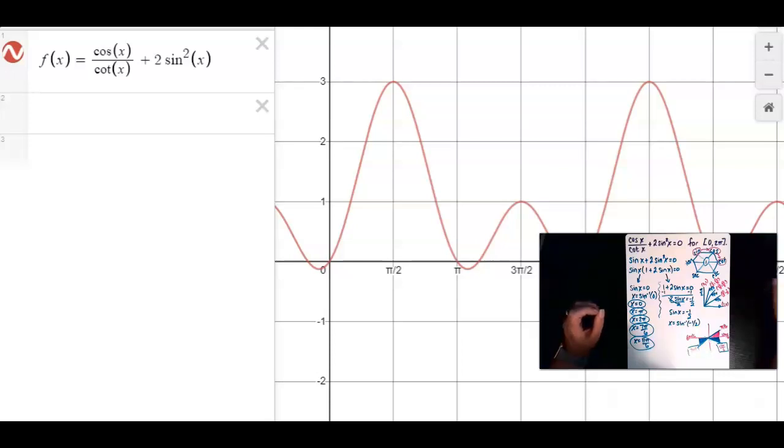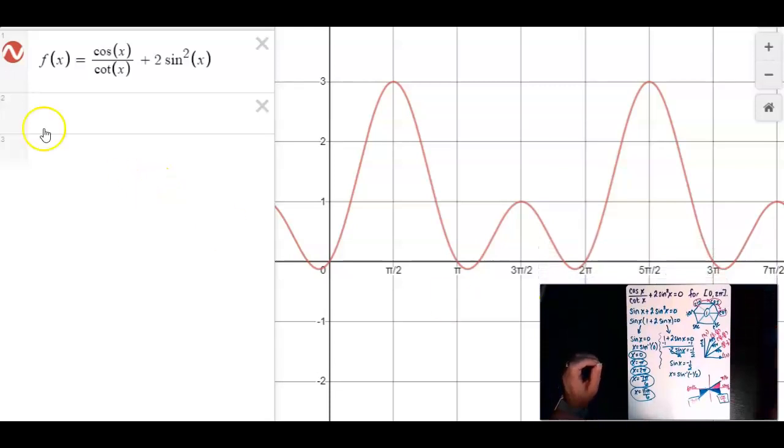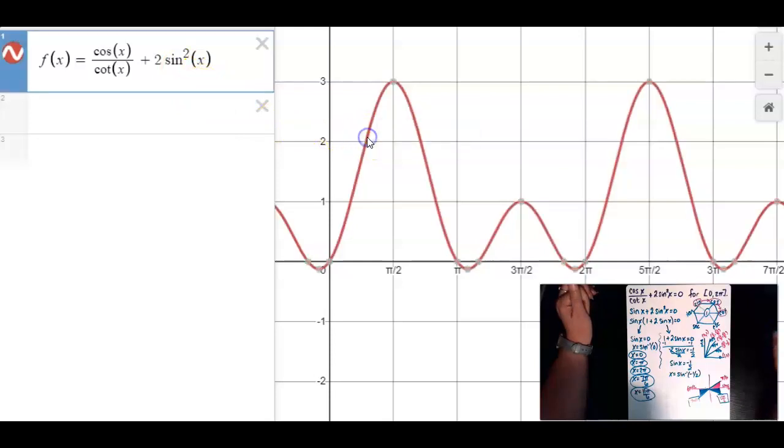Okay, so now in Desmos, in the y equals, I put f of x equals cosine of x divided by cotangent of x plus 2 sine squared x. That's our original equation. And when you click on the graph in Desmos, see these little gray dots? They get highlighted here automatically.